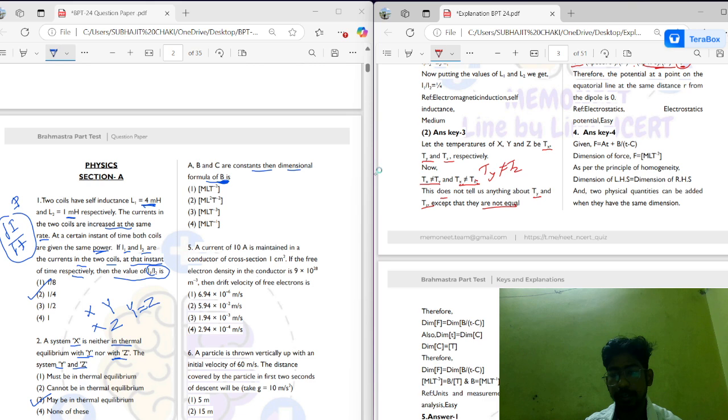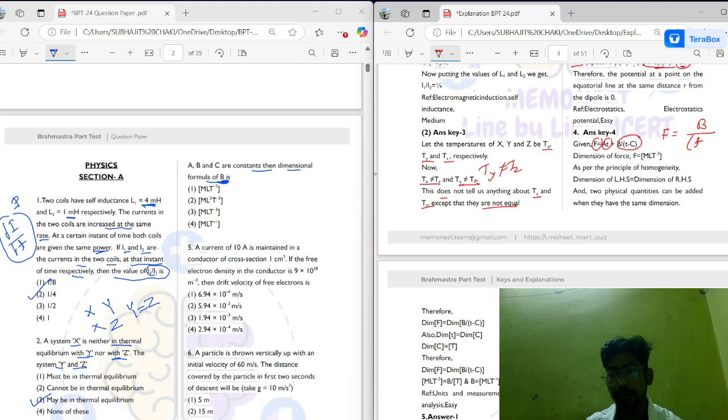The dimension of F and the dimension of b divided by t minus c are equal. So the dimension of b will be F into t minus c, and t and c are subtracted, so the dimension of c will be equal to the dimension of t. Therefore the dimension of b will be F into t.